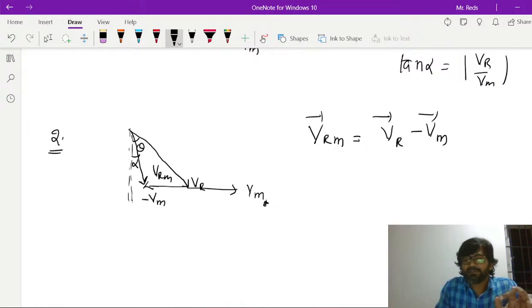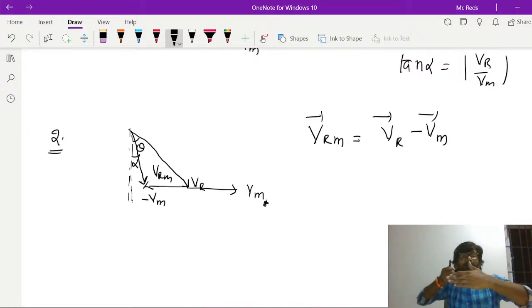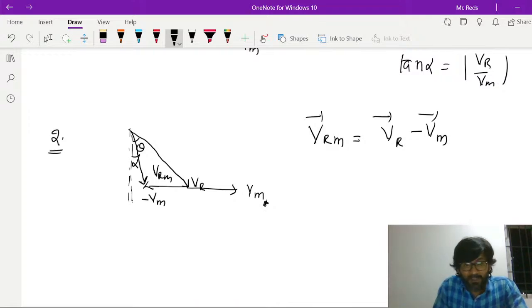So this kind of special cases we may come across based on rain umbrella problems. Even if the speed of the man increases, so that when he is moving he feels like the rain is falling vertically downwards, for that the velocity of the man should be increased further so that the resultant velocity will be in this direction.